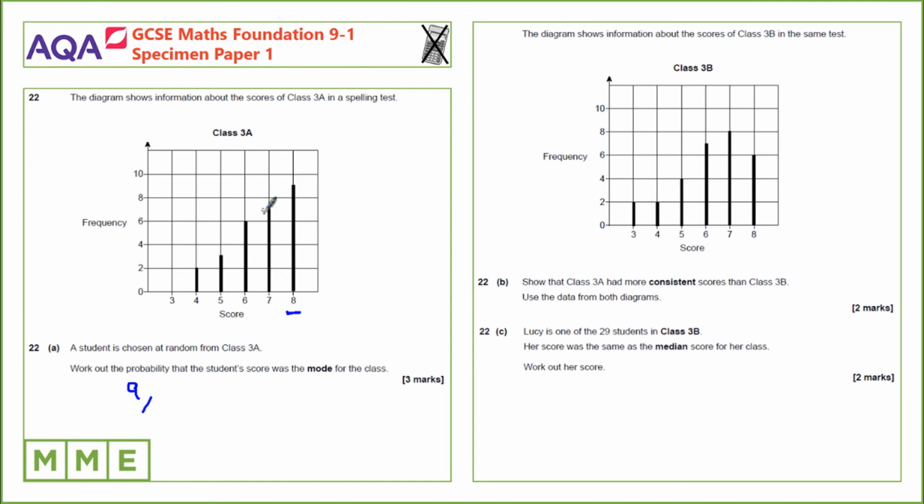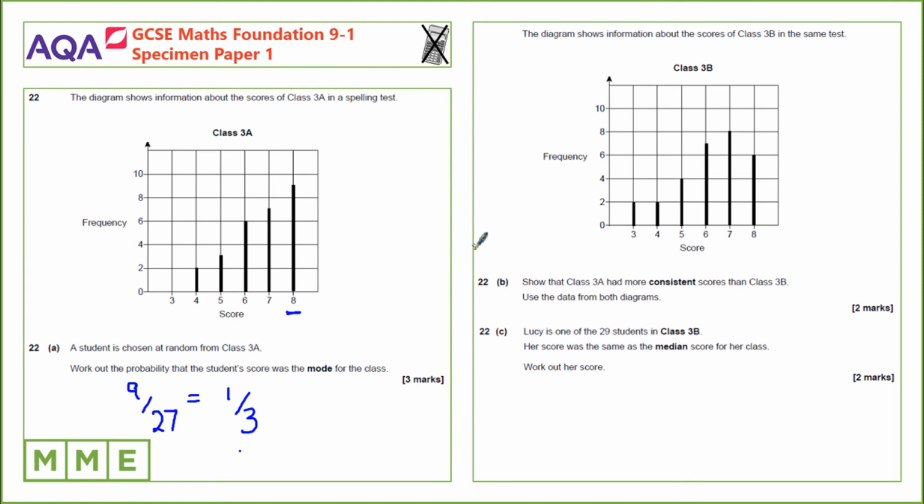We have 9 plus 7, that's 16, plus 6, which is 22, plus 3, which is 25, plus 2, which is 27 total students. So the probability is 9, who got the mode, over the total of 27, which we can simplify down to a third. The chance is a third that the student's score was the mode.